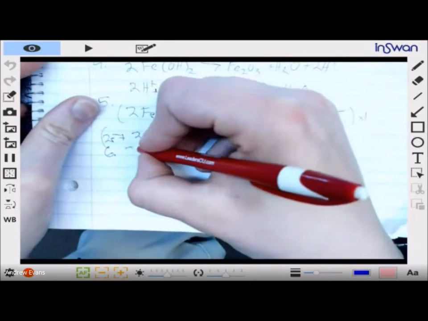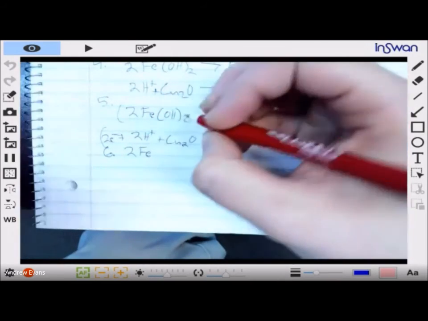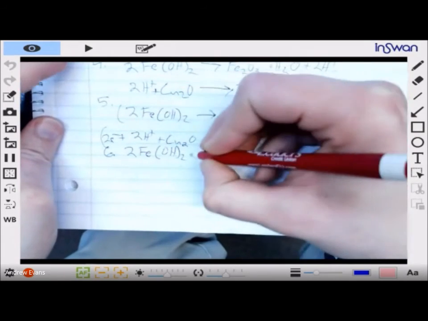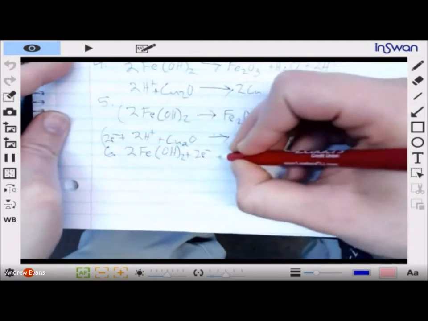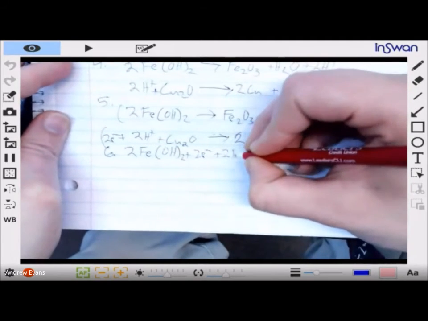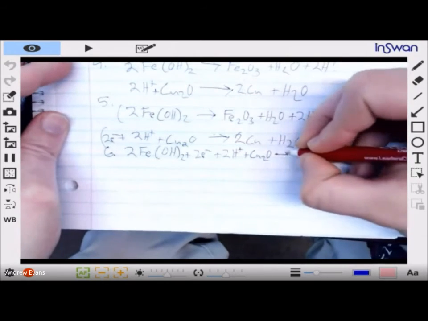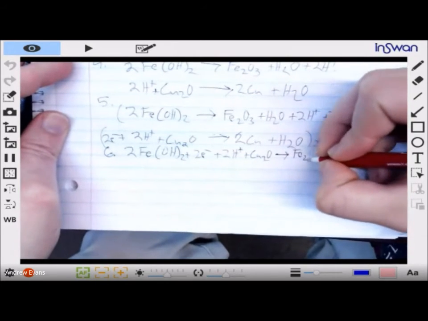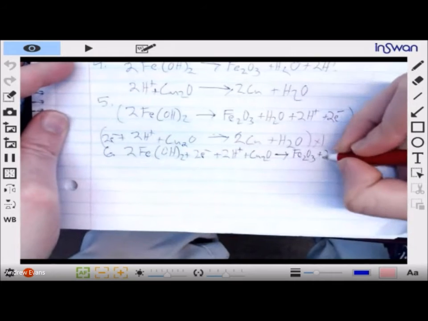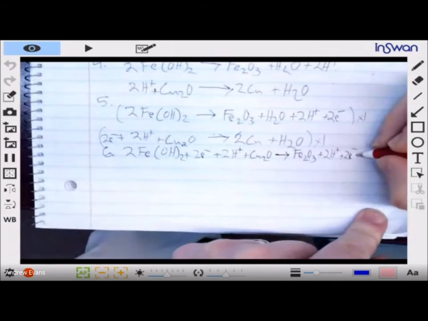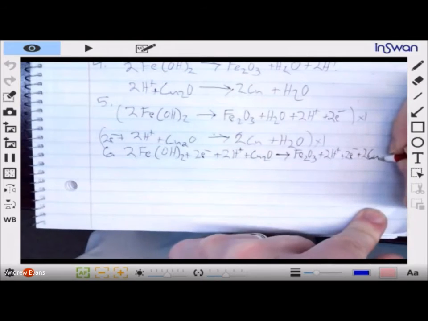I'm going to put the whole equation as written, and we'll cancel out from there. 2 electrons and 2 protons, and copper 2 oxide goes to Fe2O3 and 2 protons and 2 electrons and 2 coppers and water.